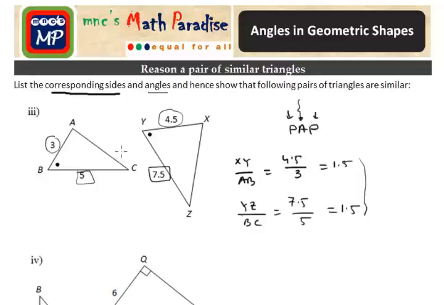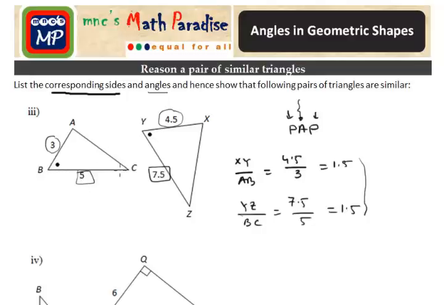Then, if it's similar, AB and XY, we already saw, are corresponding arms, BC and YZ are the corresponding sides, and AC and ZX, the rest, are the corresponding sides. About the angles, this one and this one, that is angle B and angle Y, are corresponding.